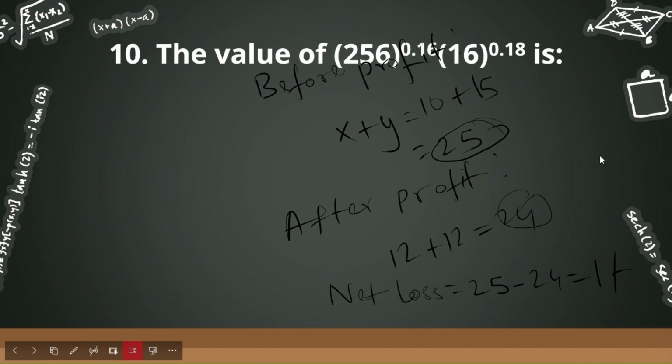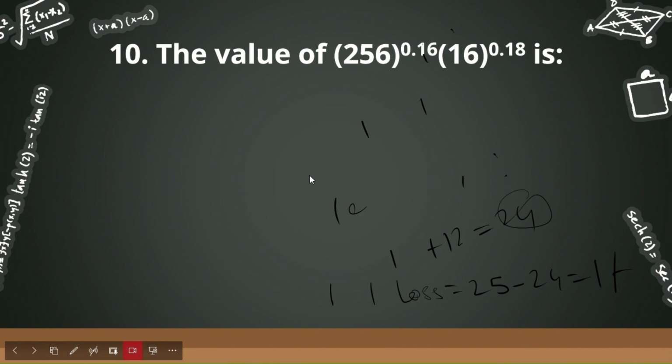So, what the question says, let's remove all these. This is a very simple one. It's just simple calculation, and for reducing the working we just need to apply a bit of common sense.